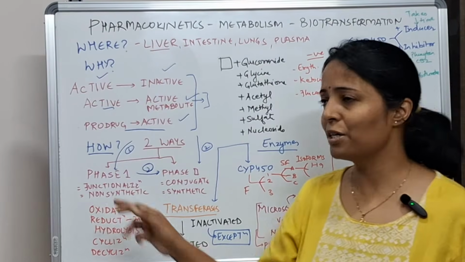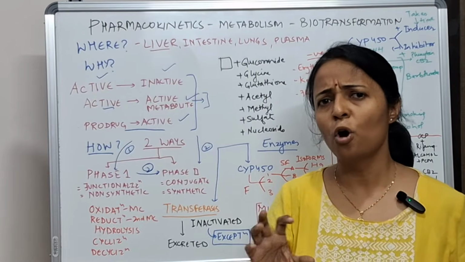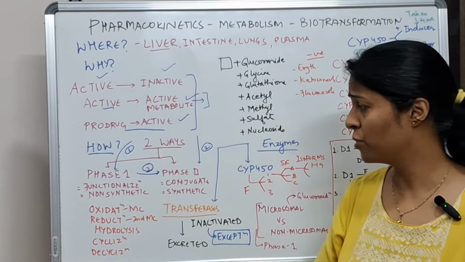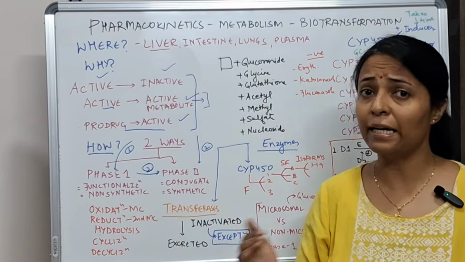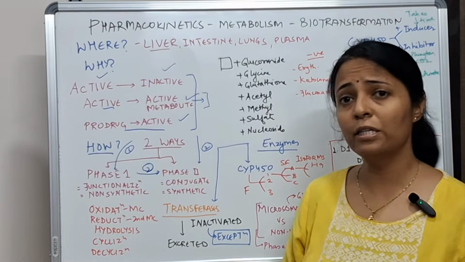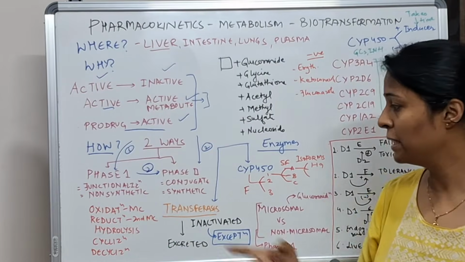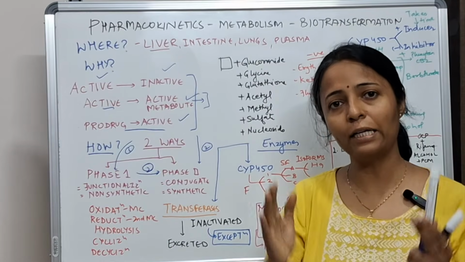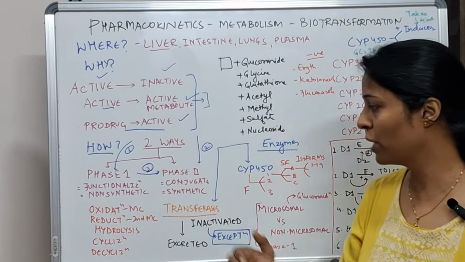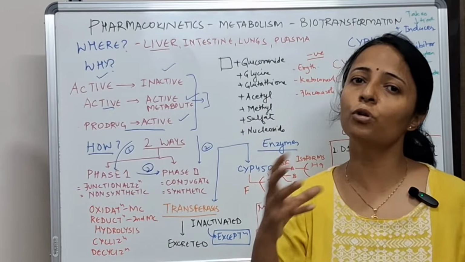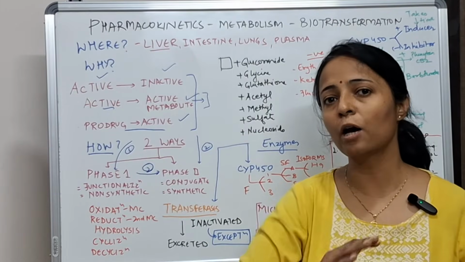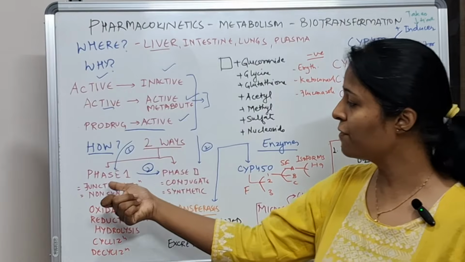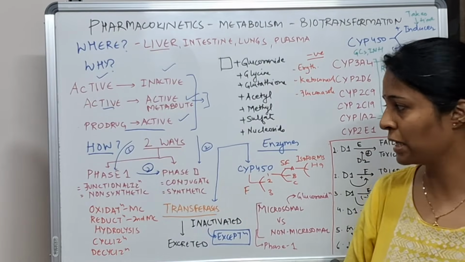Okay, so oxidation, that means the addition of oxygen, or we can say removal of hydrogen. Reduction, where there is the addition of hydrogen. Hydrolysis, that means a water component is added. Cyclization, the composition of the drug is changed so that it can form a ring. And decyclization, that means the original drug was in the form of a ring and now it has been opened. So these are functionalization or non-synthetic reactions.